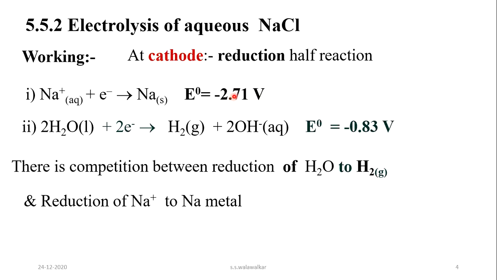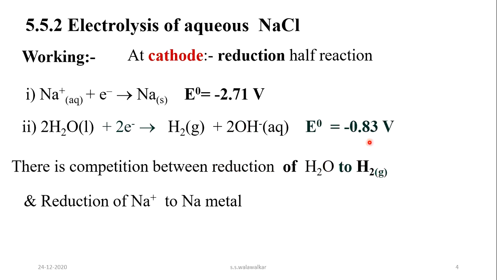Now there is a competition between these two reactions, and the reaction whose standard reduction potential is higher will take place at the cathode. Here it is minus 0.83 and minus 2.71. So which reaction will take place at the cathode?